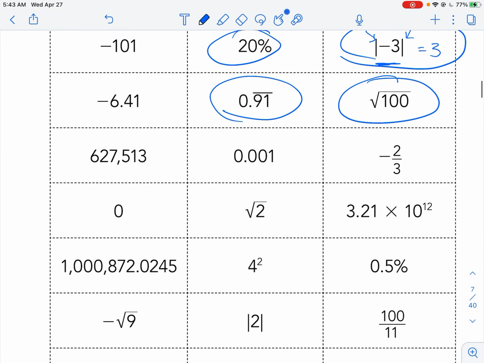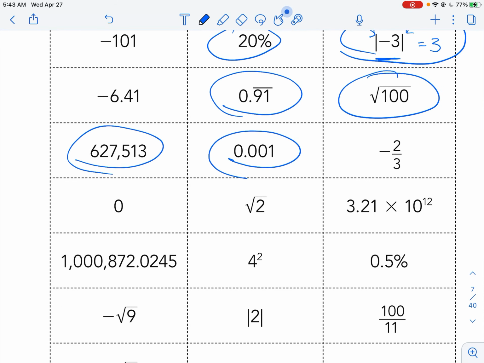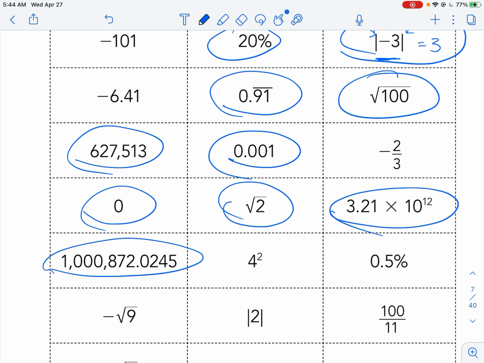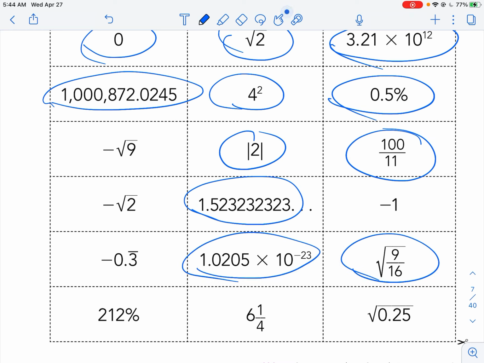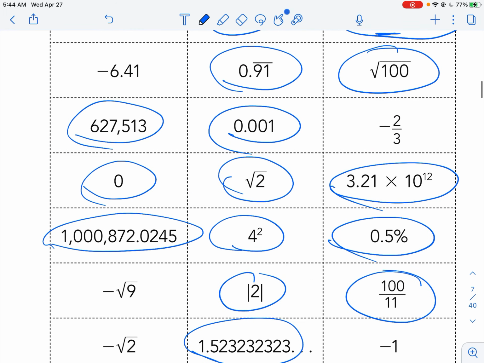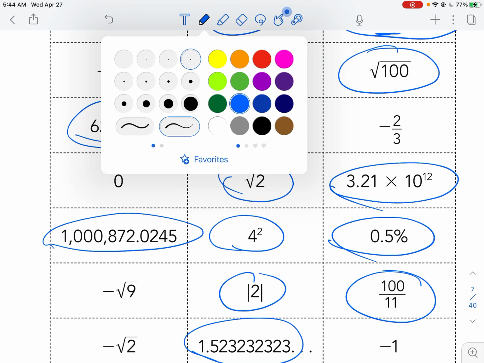Positive, positive, positive, positive, positive, positive, positive, positive, positive, positive. Let's see. I feel like I missed a number. Oh, I didn't. 0 is neither positive nor negative.